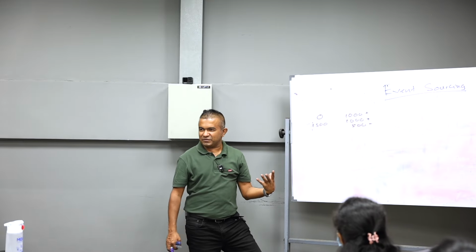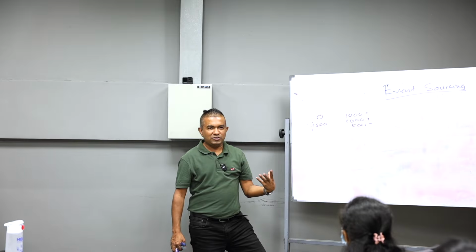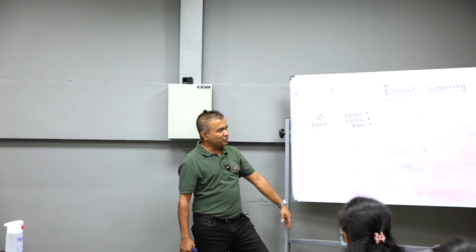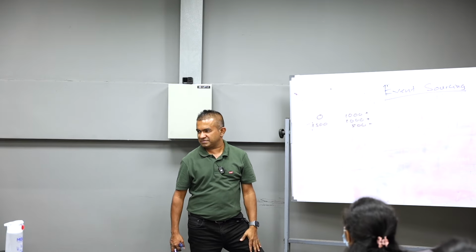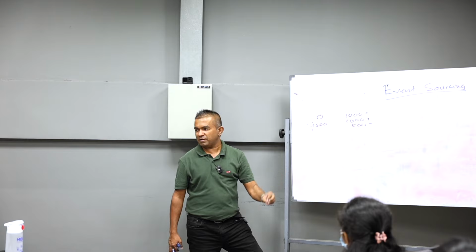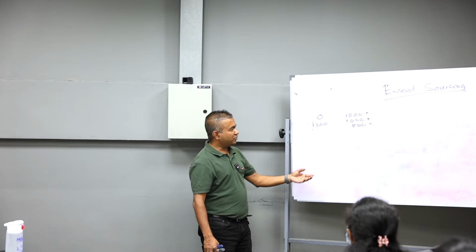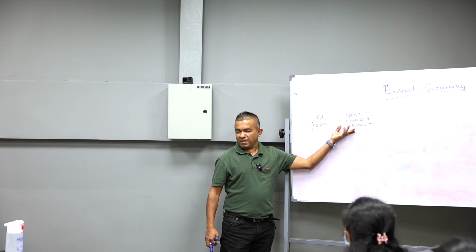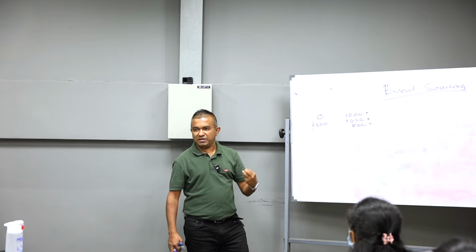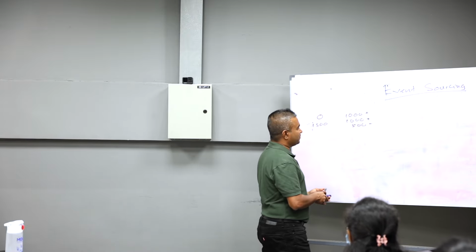The advantage of this is you have an audit trail built in. You know exactly what happened and when it happened, because the audit trail is built in. You do not keep the results, you keep the events. That is called event sourcing.